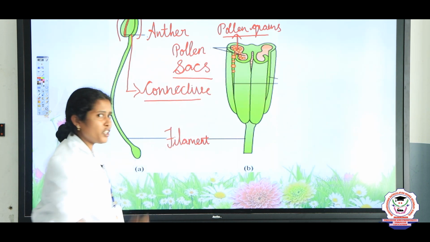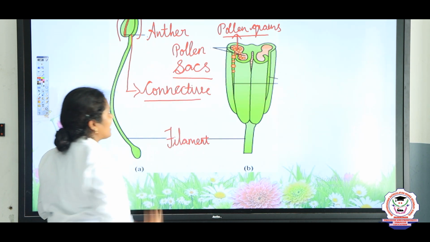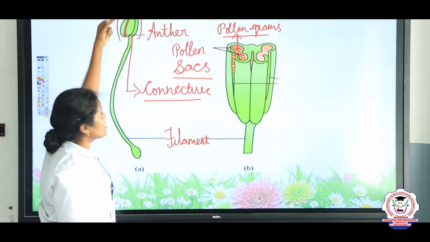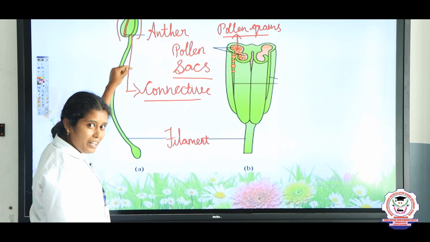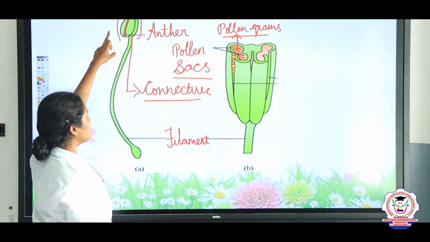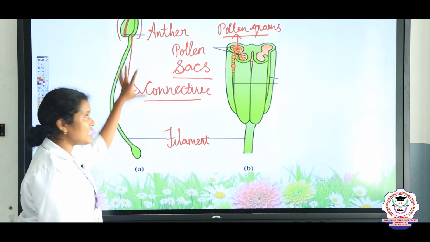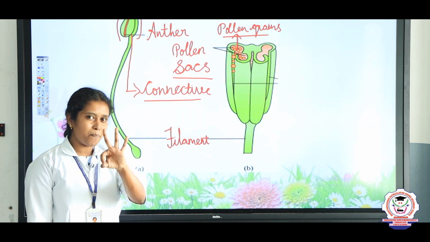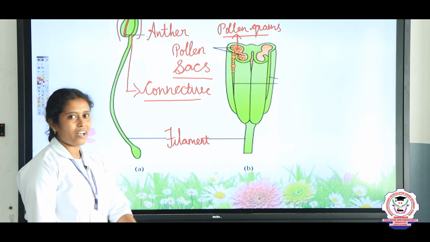So what is the function of the connective? The anther is attached to the filament with the help of the connective. So these are the parts of the stamen. What are the parts of the stamen? Three parts. First one filament, second one anther, and third one connective.